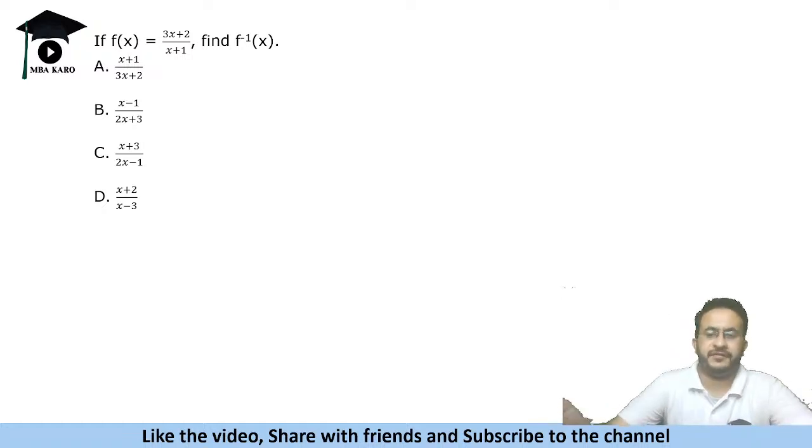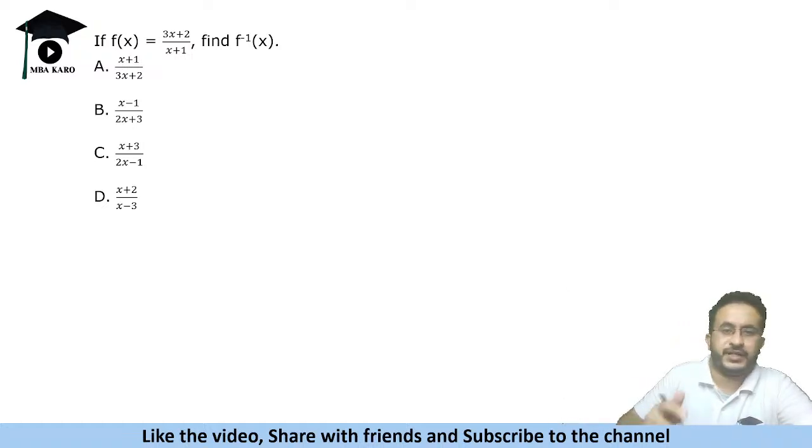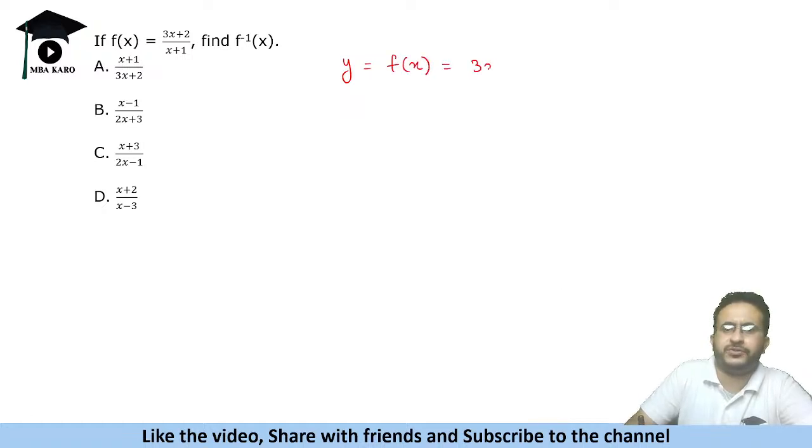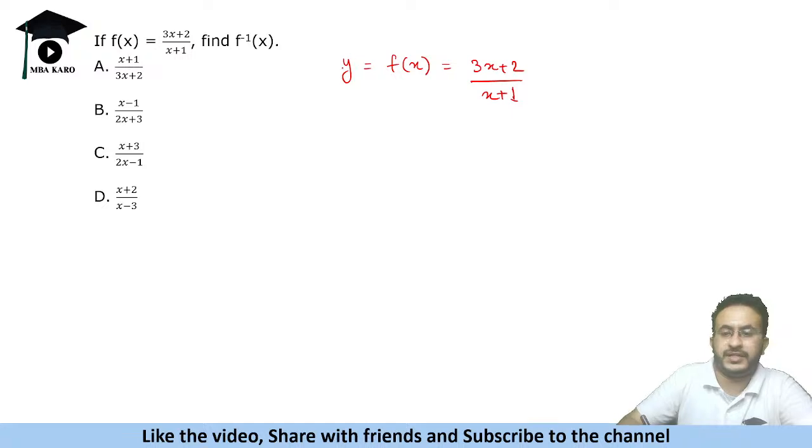So I will tell you whatever function. Okay, याद दिला देता हूँ. So whenever we say y like f(x), that is y. ठीक है, y is equal to f(x) equal to (3x plus 2) upon (x plus 1). ठीक है. So what we do in this case is we just swap x and y.